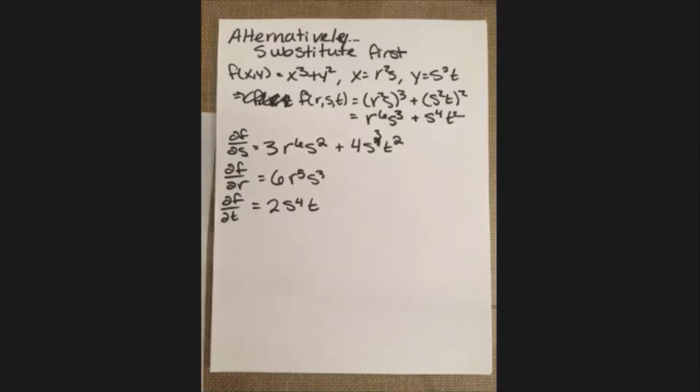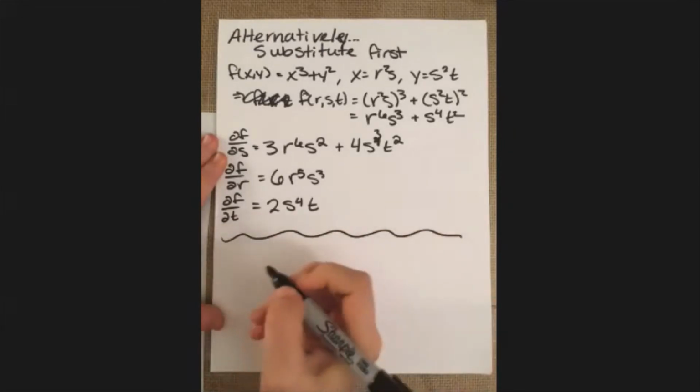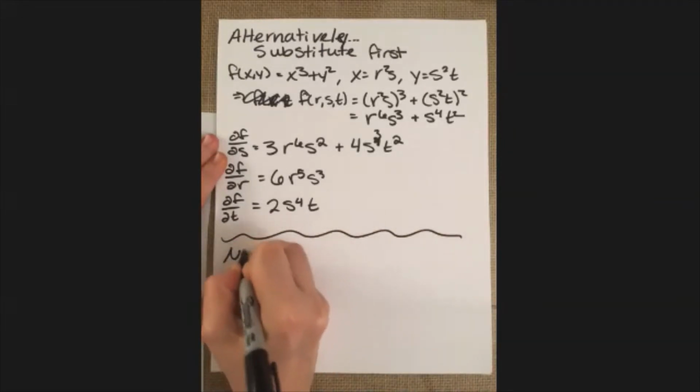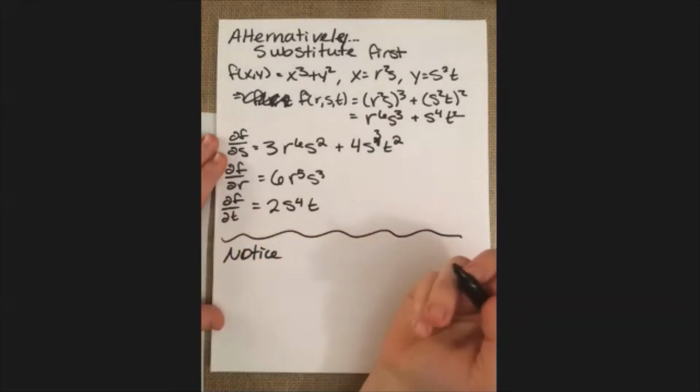Now, one thing that I do want to point out, just to ground this process for you a little bit, is that you should notice that a single path is actually quite similar to when we worked with the chain rule for a single variable.